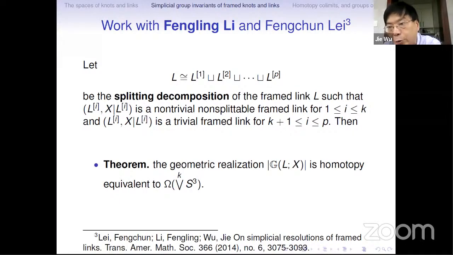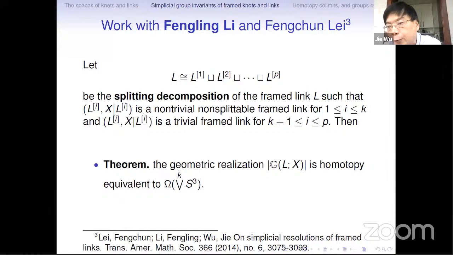Only recently have we tried to use geometric groups to construct simplicial group models, hoping to get some information on the homotopy from low dimensional topology. So this is actually a new type of simplicial group, which is given by link groups.